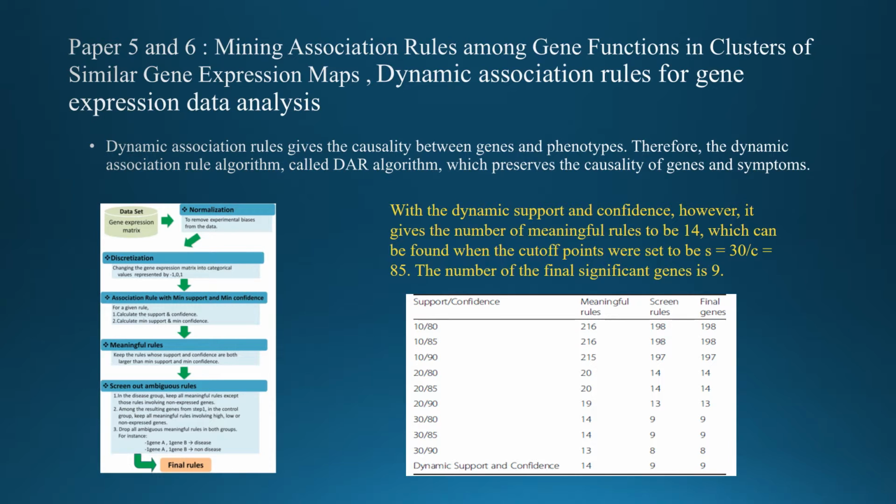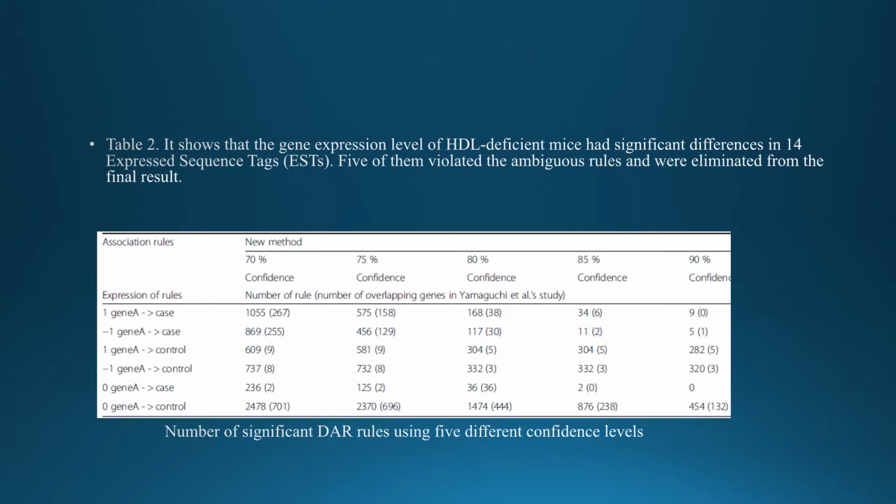The number of final significant genes, which is very useful in building a relationship between the symptoms and the DNA and the gene expression, was found to be 9. Table 2 shows the gene expression level of HDL deficient mice, which had significant differences in 14 sequence tags, STCs.